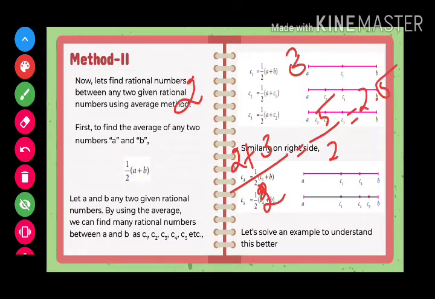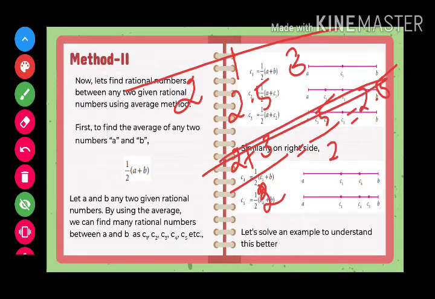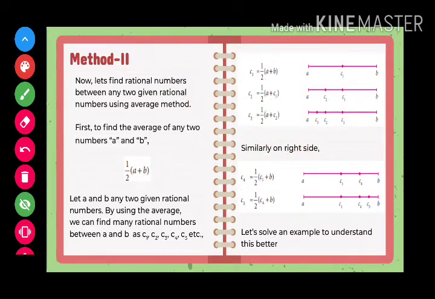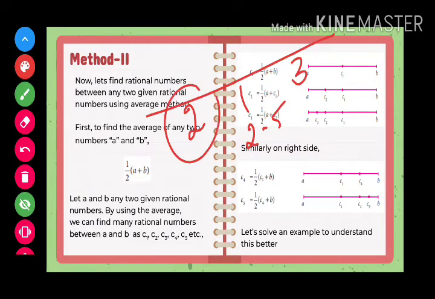This number 2.5 should exist between 2 and 3. So what I'm telling is your average should exist between the two numbers which you take at first. If you are taking numbers 2 and 3, the average 2.5 should exist somewhere between 2 and 3.